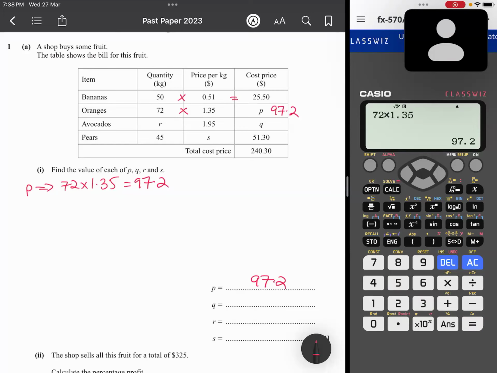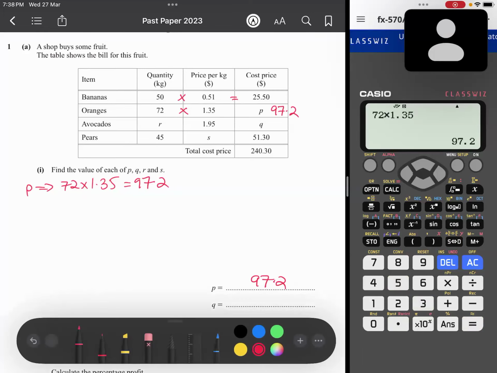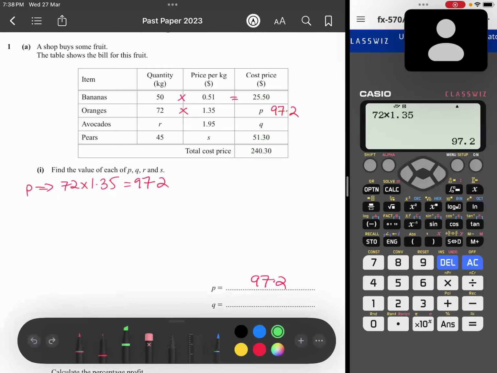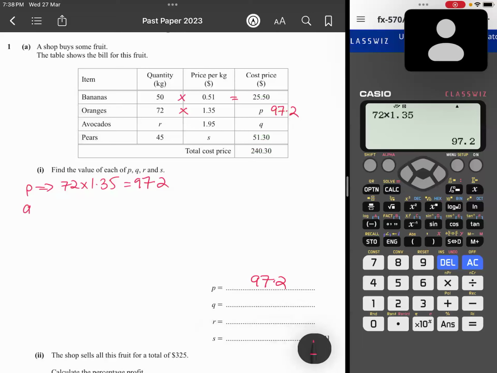Now you can see that you have this one, this one, and the total, so you can find out Q as well. So the value of Q would be total 240.3 minus bananas, which is 25.5, minus oranges, which is 97.2, minus pears, which is 51.3. That would be the answer for Q.